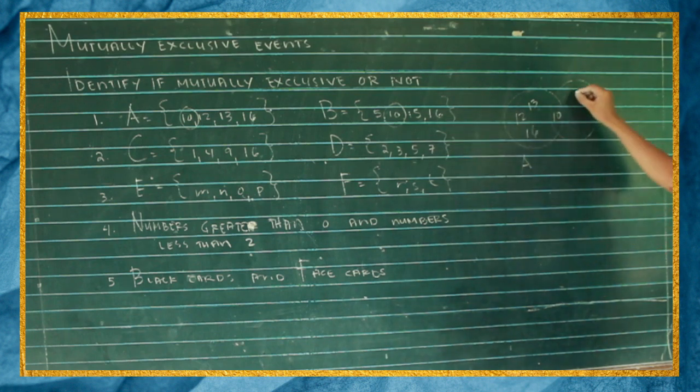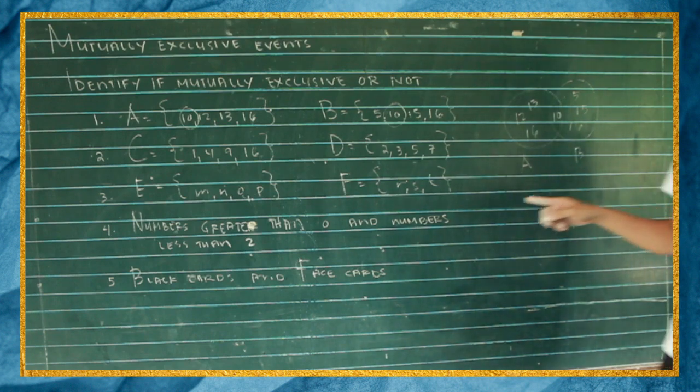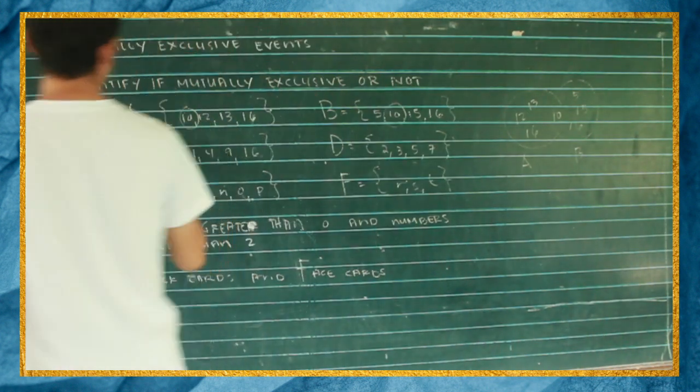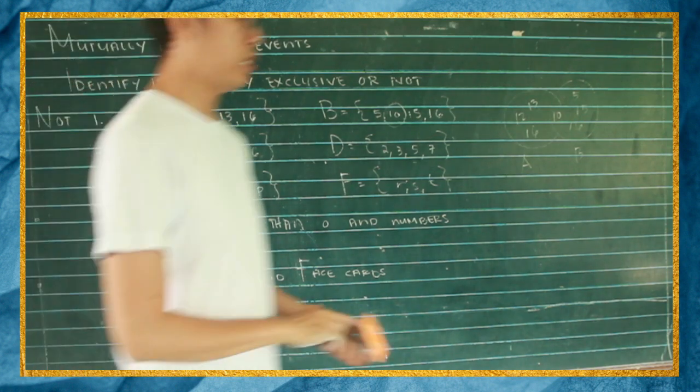In set B, we have 5, we also have 10, and then 15 and 16. So set A and set B have an intersection, which is 10. Therefore, number 1 is not an example of a mutually exclusive event.